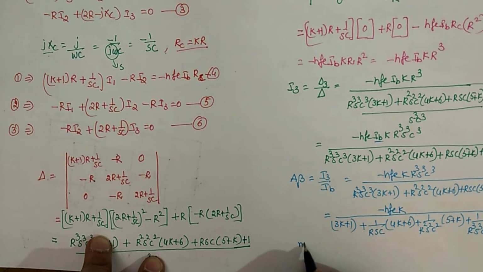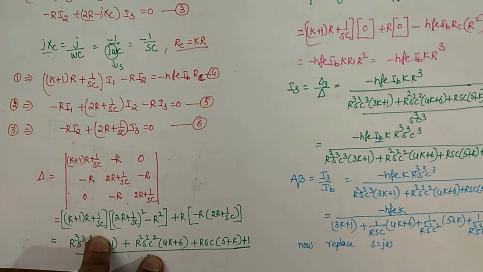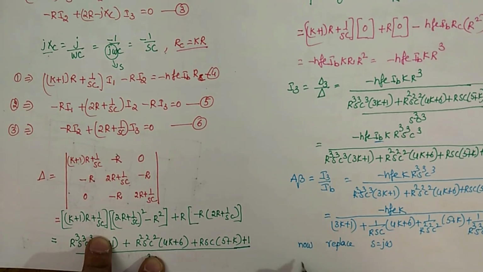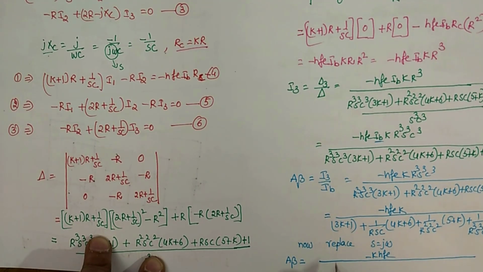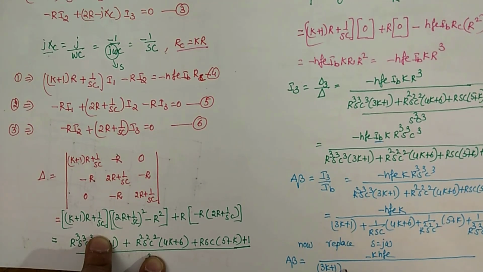Now replace S with J omega. Okay. So I'll get A beta is equal to minus K HFE by 3K plus 1.